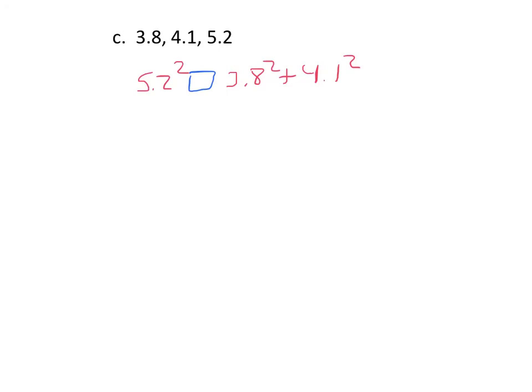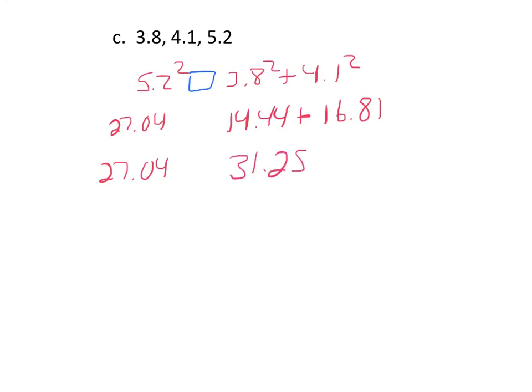So 5.2 squared is 27.04. 3.8 squared is 14.44, and 4.1 squared is 16.81. So we have 27.04 on one side, and the other side added together is 31.25.